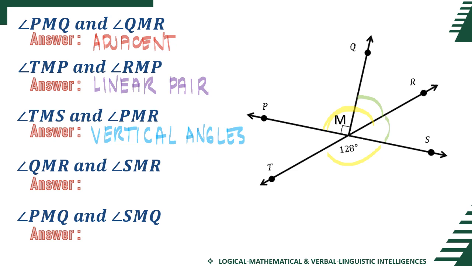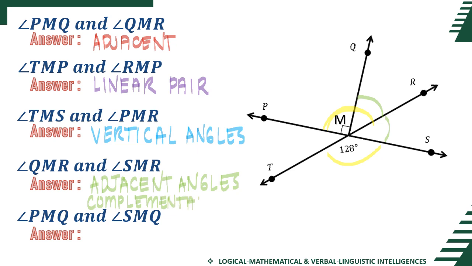We can distinguish the relationship as adjacent angles. Yes, we can classify it as adjacent angles. And apart from adjacent angles, what else? We can also distinguish the relationship as complementary angles. Very good.